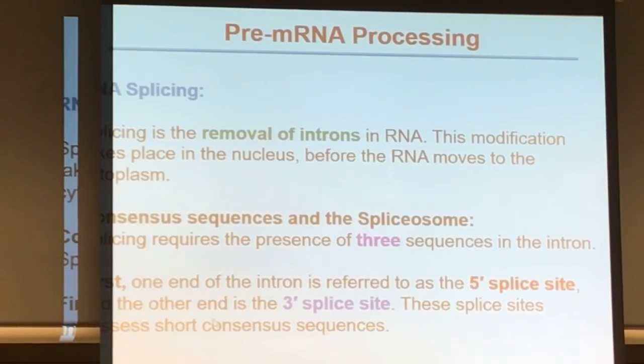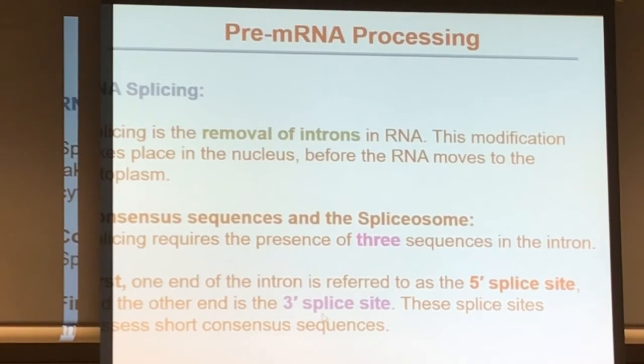Splicing requires the presence of 3 sequences in the intron. The first is one end of the intron, referred to as the 5' splice site, and the other one is the 3' splice site.